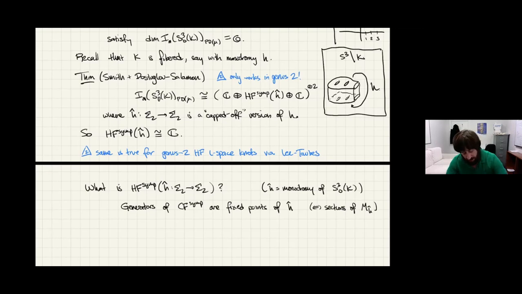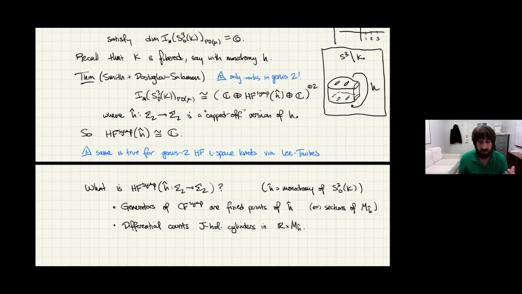Okay, and the differential counts pseudo-holomorphic cylinders, which are asymptotic to these in R times M_H. So it's sort of a standard story in symplectic geometry that you can build invariants that look like this.